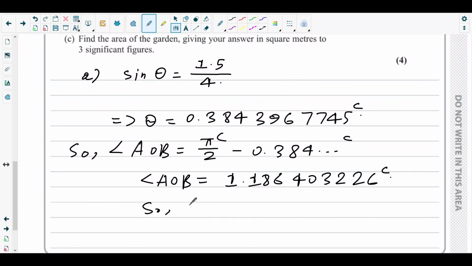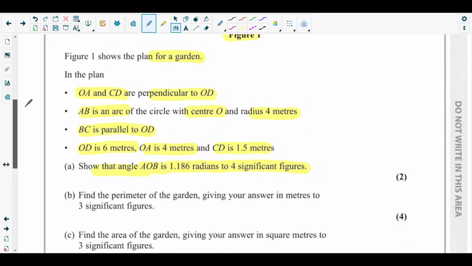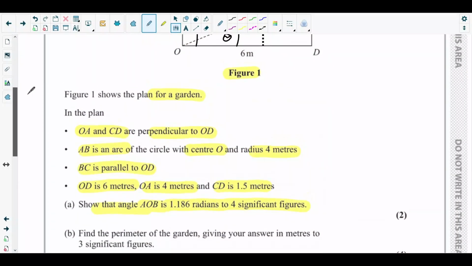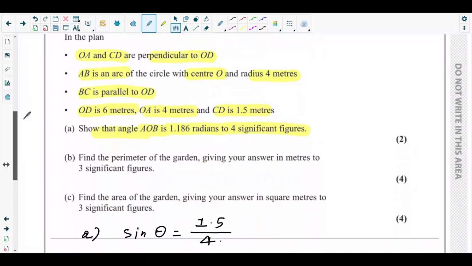So angle AOB to 4 significant figures we can write as 1.186 radians. That's what part A of question number 5 has asked for.